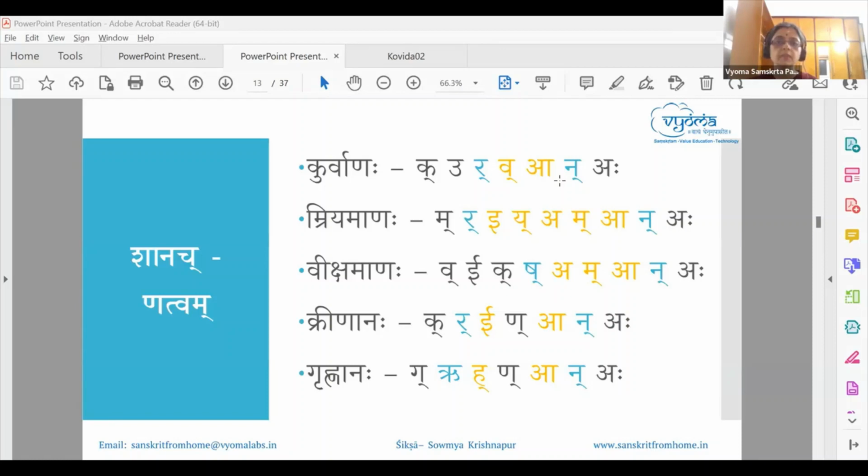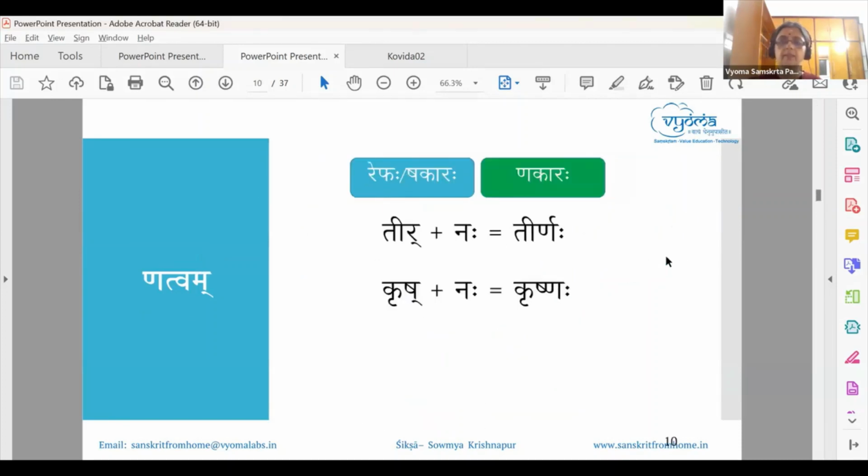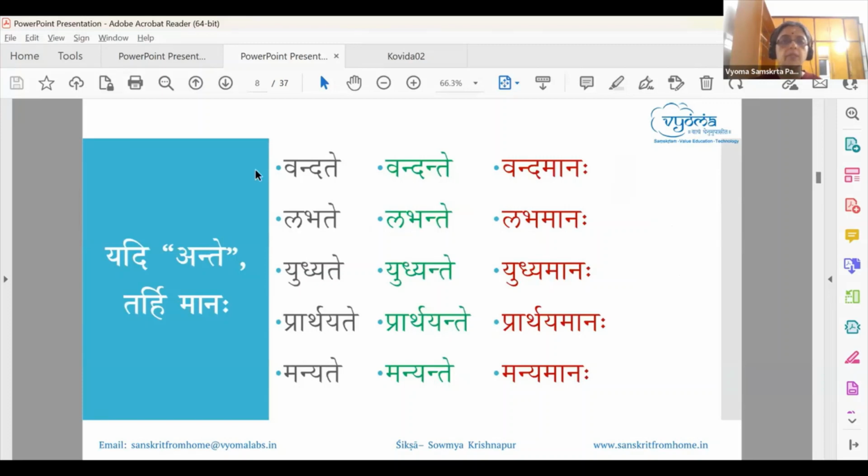Yes, so the rule for when there is mana and when there is ana, I just told you. There is also another way in which you can find out when mana or ana is to be used. In the lat lakara prathama purusha ekavachana rupam, if you hear an akara, vandate, labhate, yudhyate, prarthayate, manyate, then you get a makara.